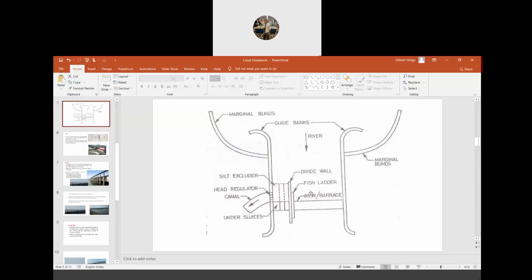If we do not provide any fish ladder, the fish cannot migrate from the upstream to the downstream or from the downstream to the upstream. So we need to provide some provision for the fish also. That's why this fish ladder is provided here, so that the fish can migrate from upstream to downstream or vice versa without any effect as a result of the construction of this kind of wall.